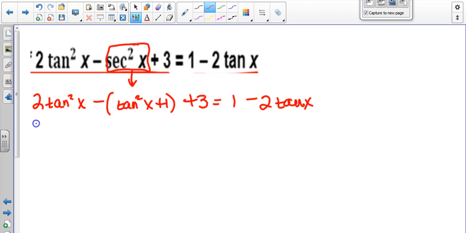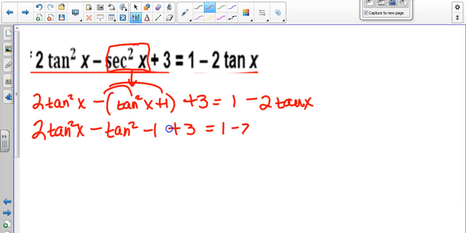Okay. So I have 2 tangent squared minus, I distribute that negative, and I get minus a tangent squared minus 1 plus 3 equals 1 minus 2 tangent of x. Okay. The negative 1 plus 3 is 2.